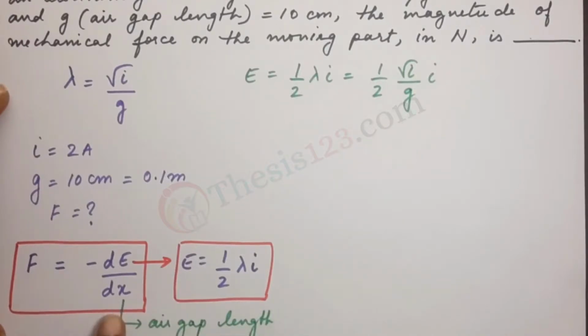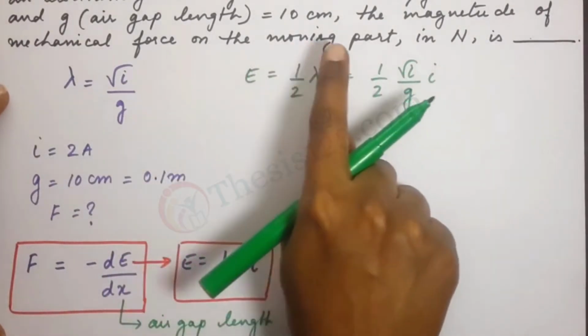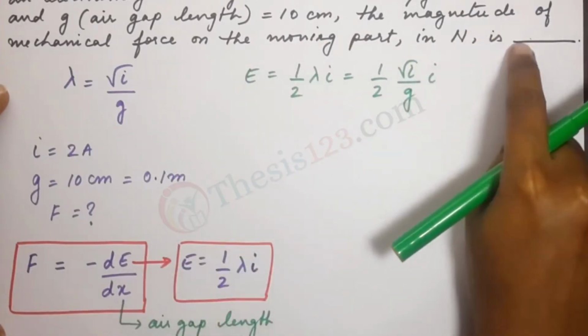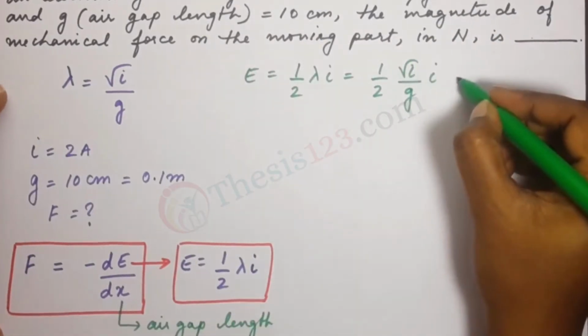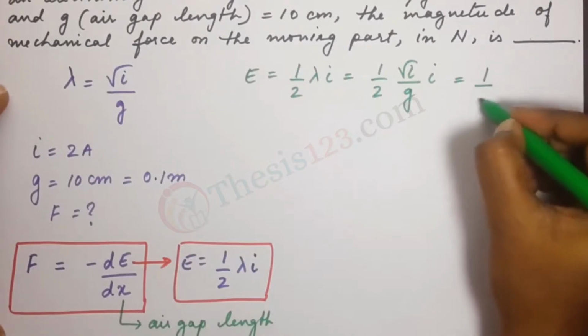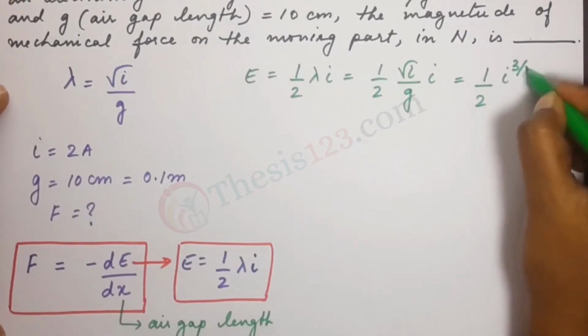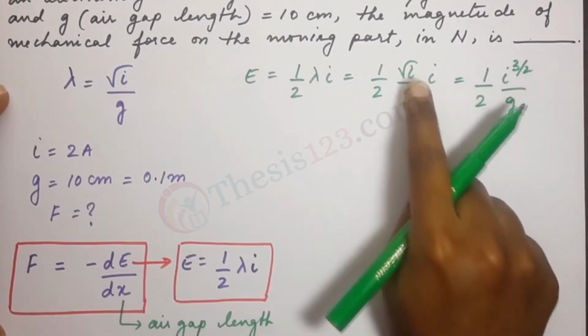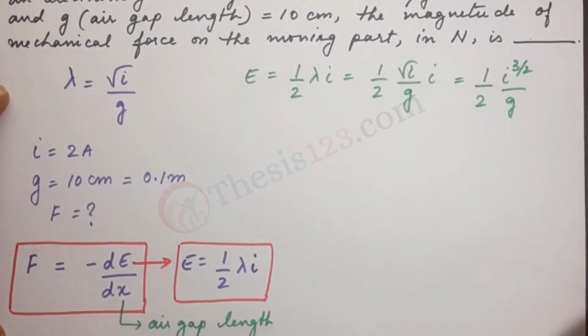This is just the formula. You will have to understand in terms of what variable they have given in the question. So here we can write this as 1 by 2 I to the power 3 by 2 divided by G. Since that's 1 by 2 plus 1, that's 3 by 2.